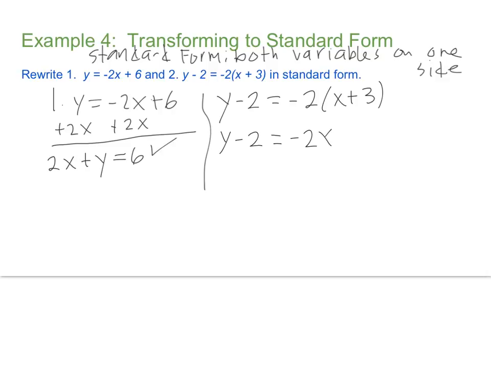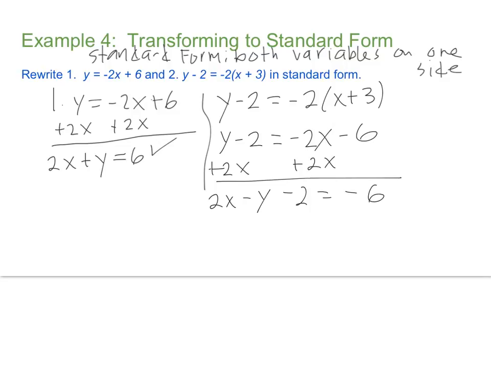So we get -2x minus 6. I am going to add, once again, 2x to both sides of the equation. And I end up with 2x minus y minus 2 equals -6.